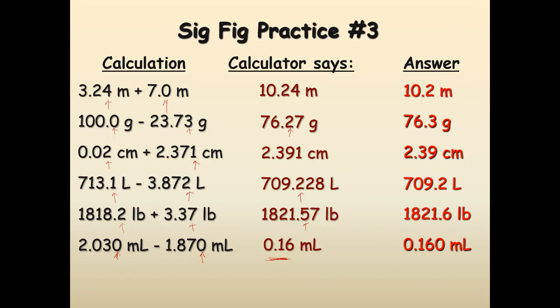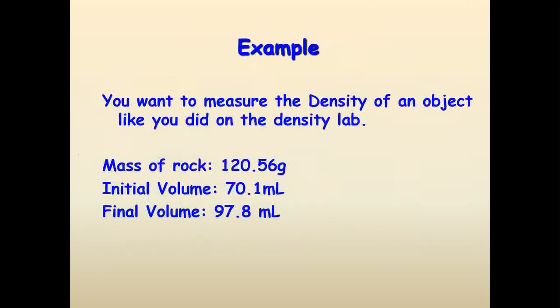So this brings us back to our original quandary. The first question was about that density. If I had a rock that was 120.56 grams, I put water into a graduated cylinder and went to 70.1 milliliters. I dropped the rock in and went to 97.8 milliliters.